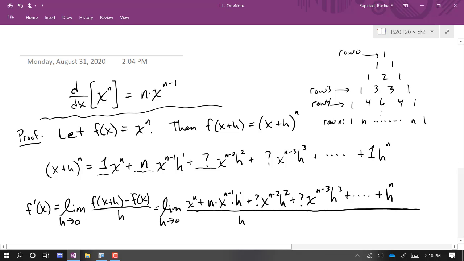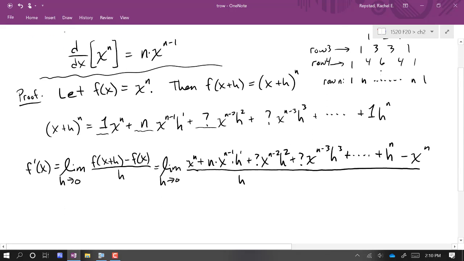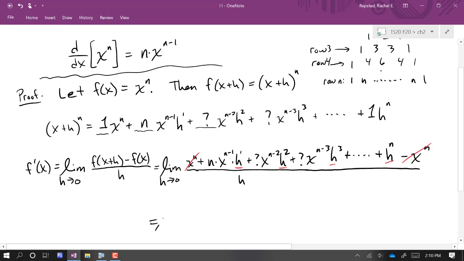And then we're subtracting f of x, so we are subtracting x to the n. We can go ahead and cancel the terms, a positive x to the n and a minus x to the n. Now every term that's left in there has an h in it, and we're going to factor out the h.